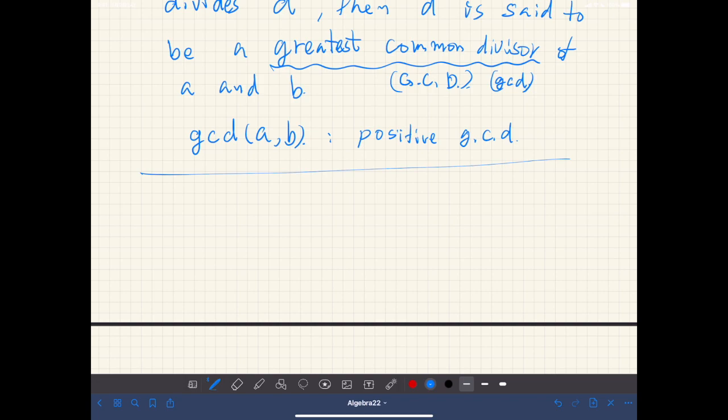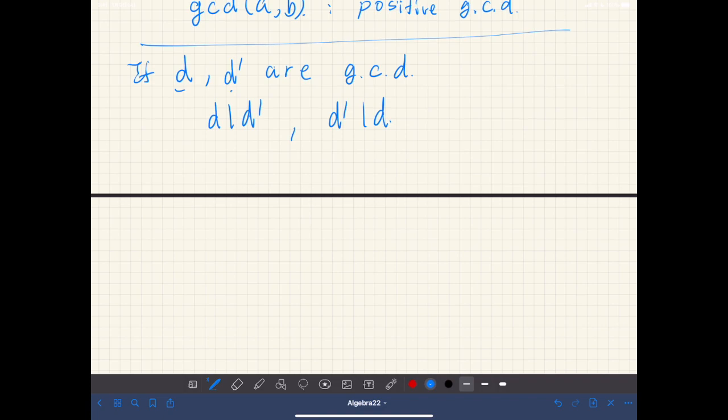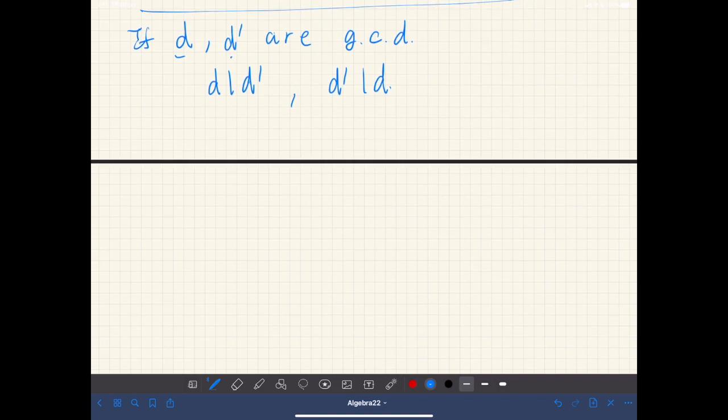This is because if there are two greatest common divisors, D and D prime, both greatest common divisors, then according to the definition, since D prime is a greatest common divisor and D is a common divisor, D should divide D prime and D prime should divide D. So this means D is plus minus D prime.